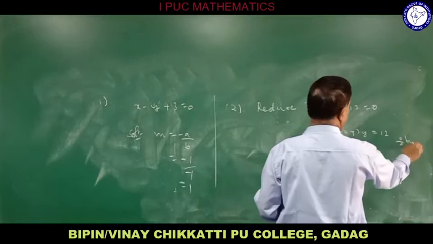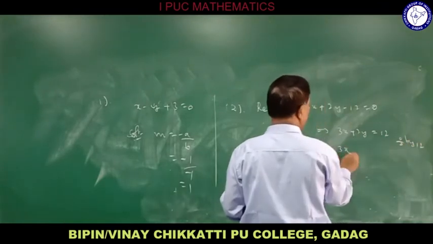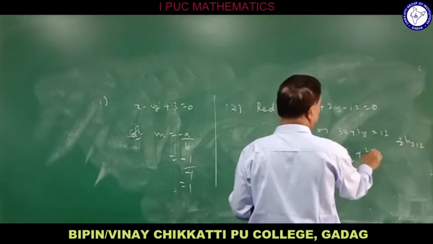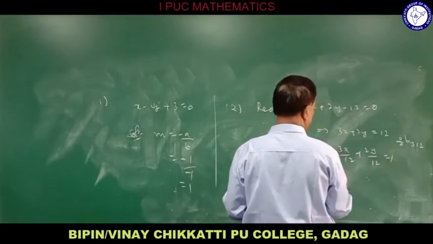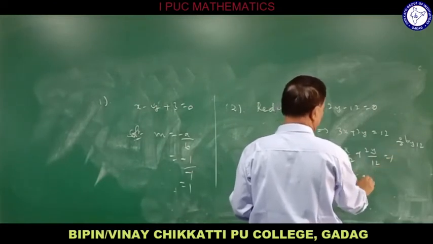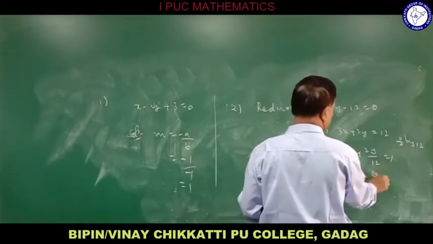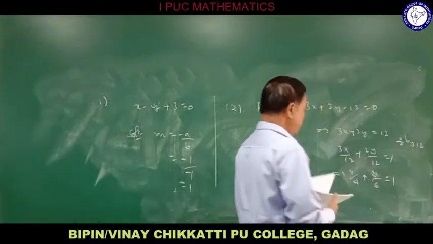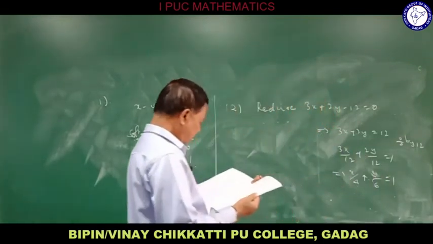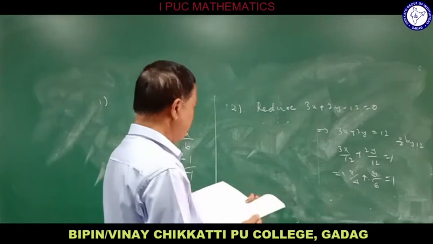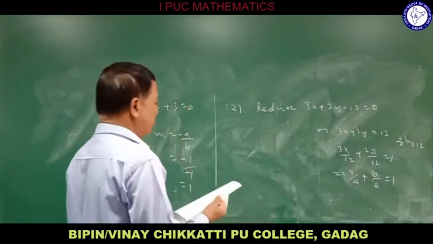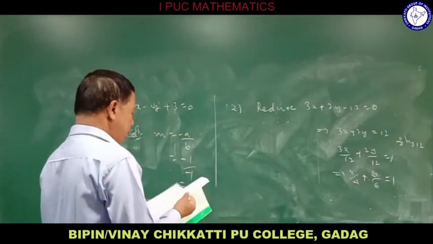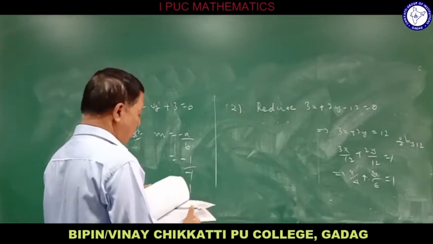Dividing by 12, 3x by 12, 2y by 12 is equal to 1. So x by 4, y by 6 is 1. So the intercept form is x by 4, y by 6 is equal to 1. Now I am going to see this third model question paper.